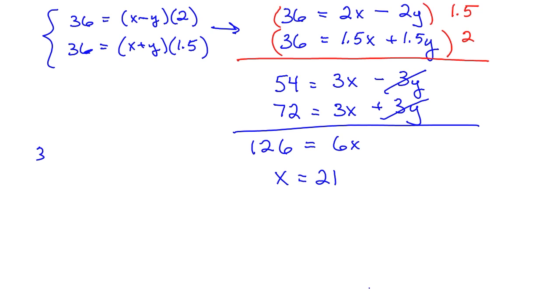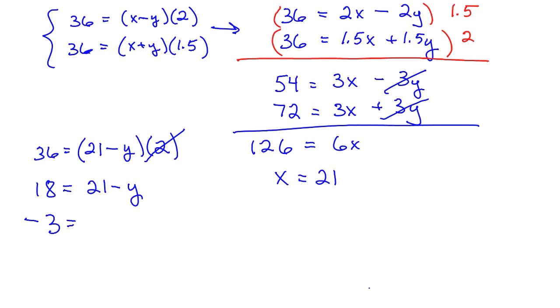I'll choose the first one. And we get 36 is equal to 21 minus y times 2. Instead of distributing, go ahead and divide both sides by 2. So you get 18 is equal to 21 minus y. Subtract the 21, and you get negative 3 is equal to negative y.